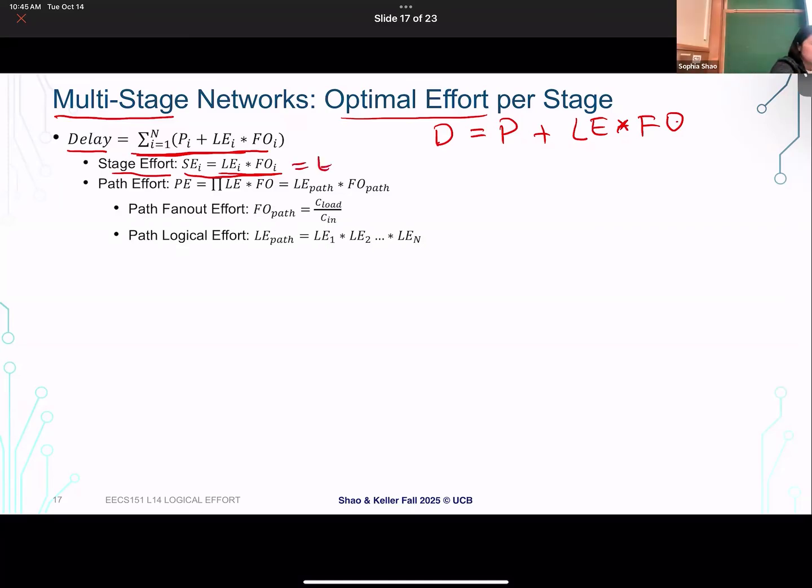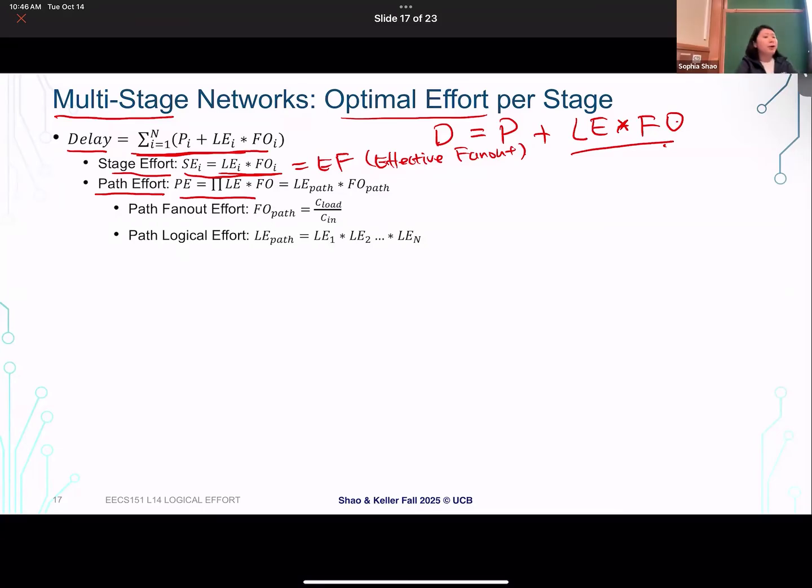Sometimes people also call it effective fan out, because it's like fan out but weighted, right? So this is the weighted or effective fan out of the stage. You hear people use different terms for it, but it's basically used to characterize this combined weighted term: stage effort or effective fan out, and the overall path effort, right?